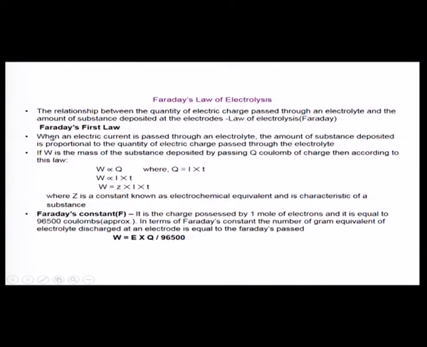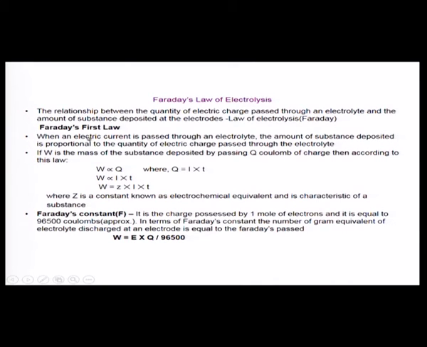Faraday's first law of electrolysis states that when electric current is passed through an electrolyte like sodium chloride, the amount of substance deposited is proportional to the quantity of electric charge passed through the electrolyte. Let us assume W is the mass of the substance deposited on the electrode by passing q coulombs of charge.